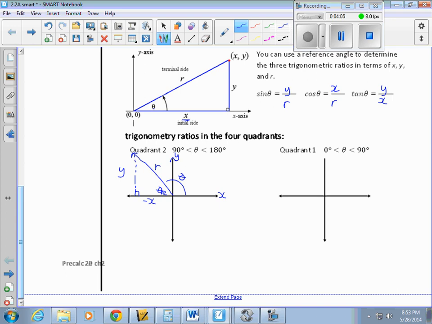So if you do your trig ratios for theta, if it's between 90 and 180, so if it's in quadrant 2, your sine of theta, that's y over r, and y and r are both positive. So that means that your sine of theta will be greater than 0 because it's positive.